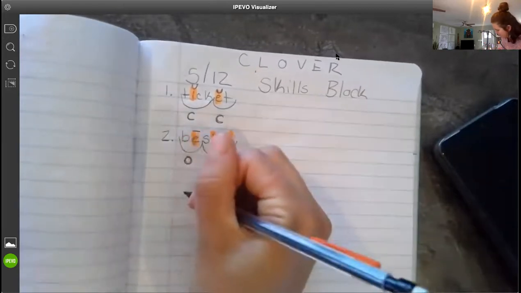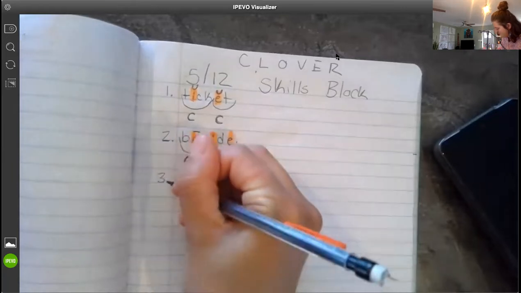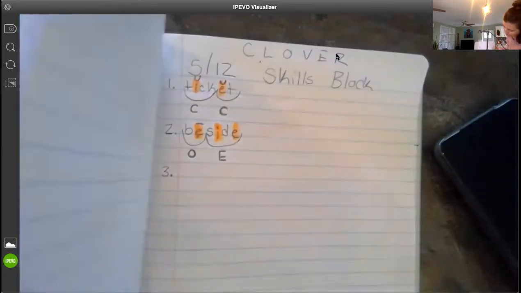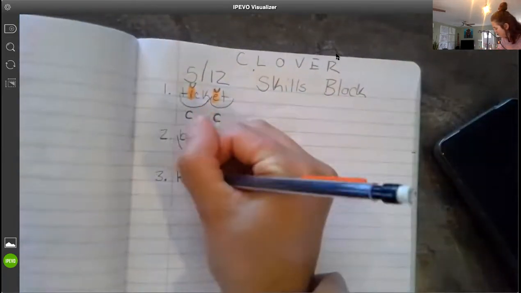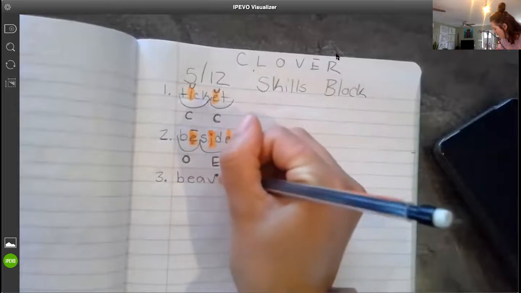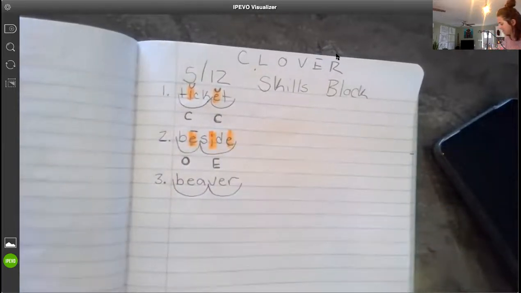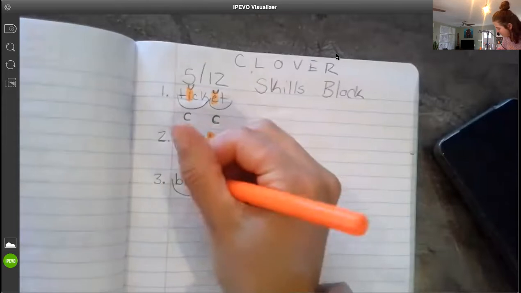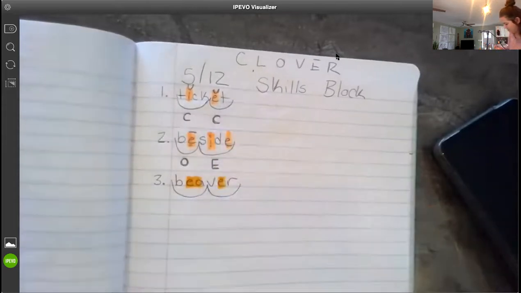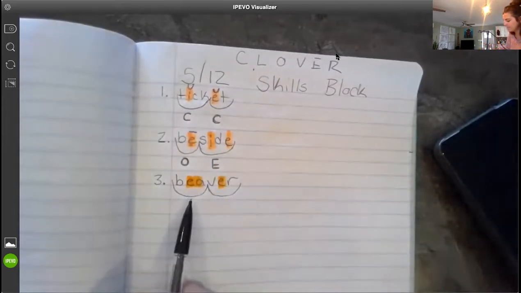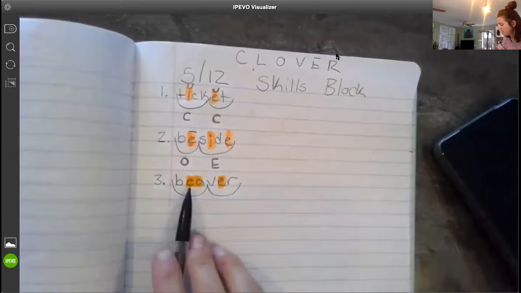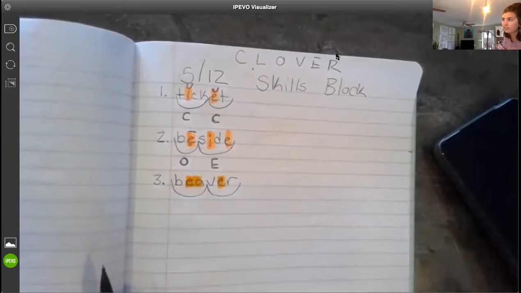Let's take a look at number 3. The word is beaver, B-E-A-V-E-R. Beaver. All right, I'm going to find my vowels. All right, first syllable. E-A together. What clover concept is that?